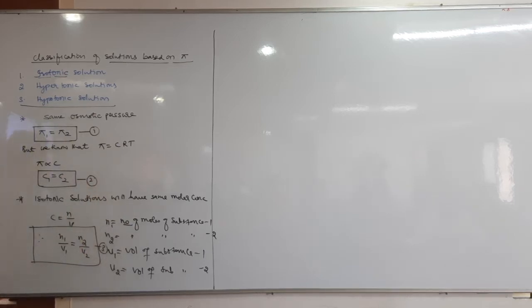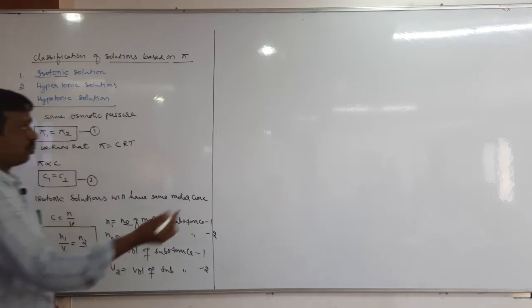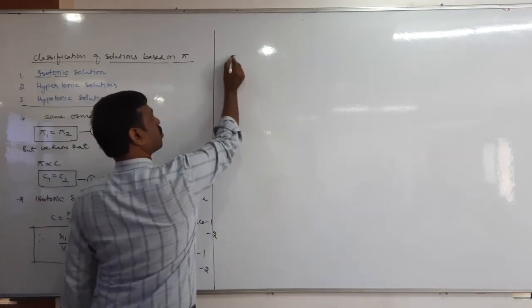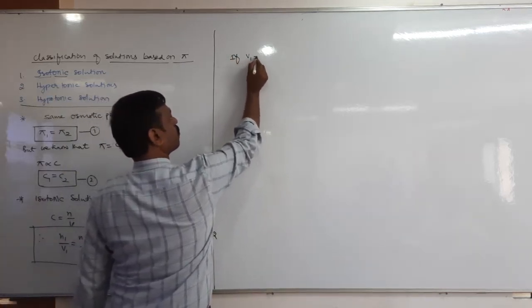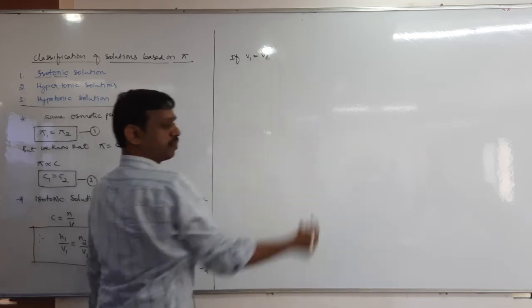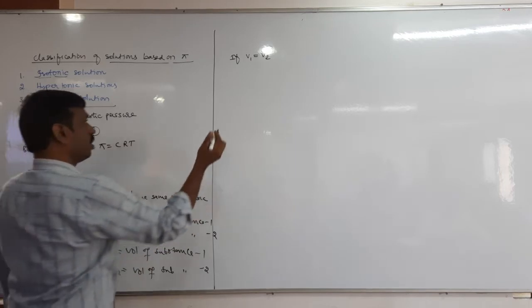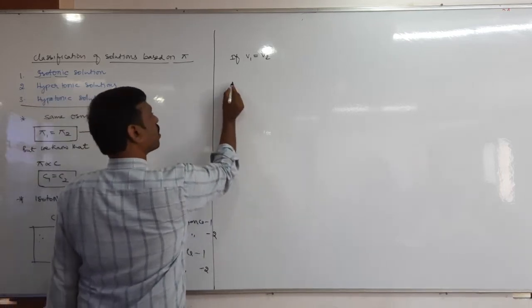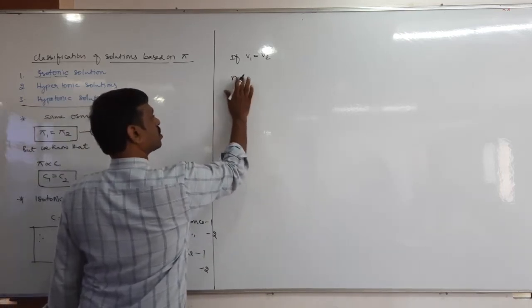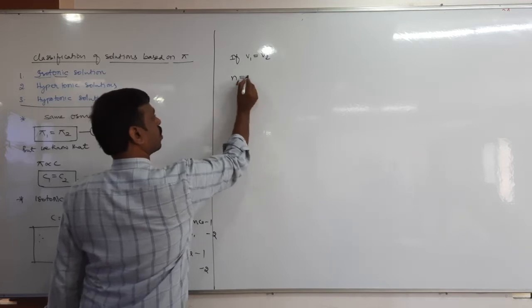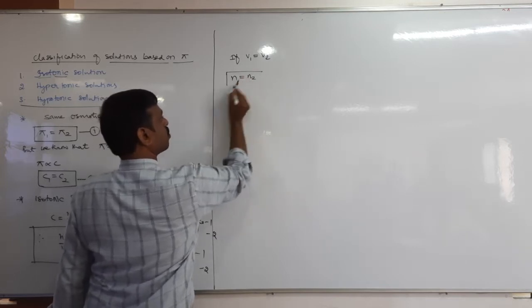Sometimes they may give the same volumes. Suppose V1 equals V2, the volumes of the two substances are the same. Then the volumes can be removed, and it becomes n1 equals n2. This is one more formula.